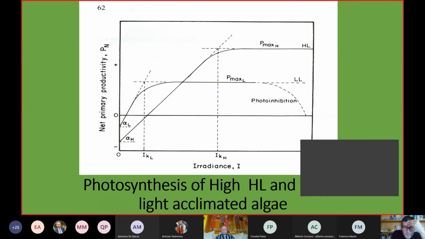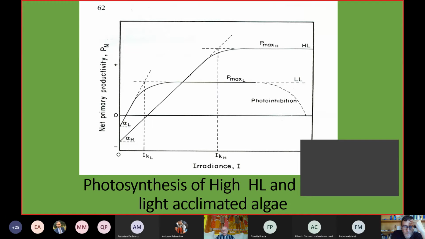Because in each of these algae, there is much more, for example, of the enzyme rubisco, that is the key enzyme in the assimilation of carbon dioxide. In the low light algae, there is no need for that. And we measure it. There is a dramatic difference because they wouldn't make that enzyme when there is more than needed if there is low light, because you don't need much of that enzyme to process carbon dioxide in photosynthesis.